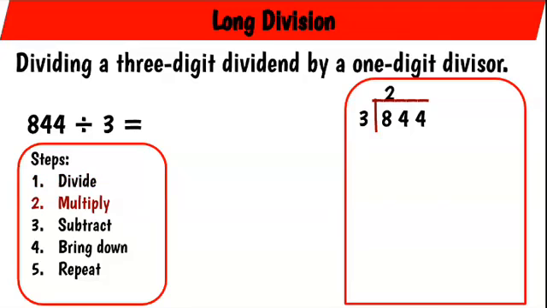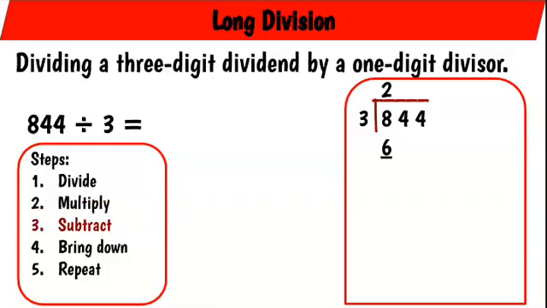We can get 2 groups of 3 from 8. Now we move on to our second step in which we have to multiply. So we're going to multiply that group of 2 by our divisor 3. When we multiply, we get 6.